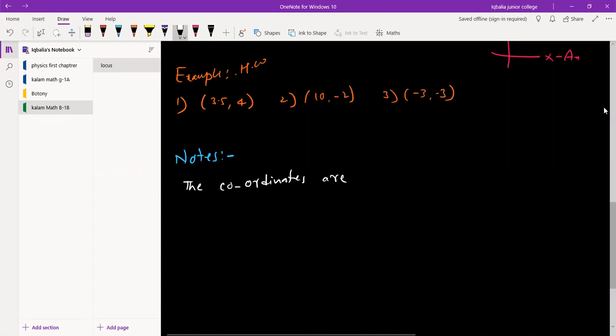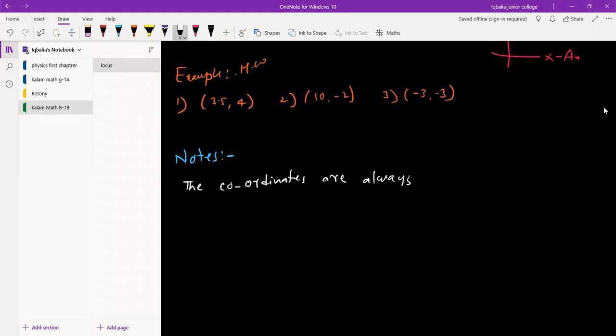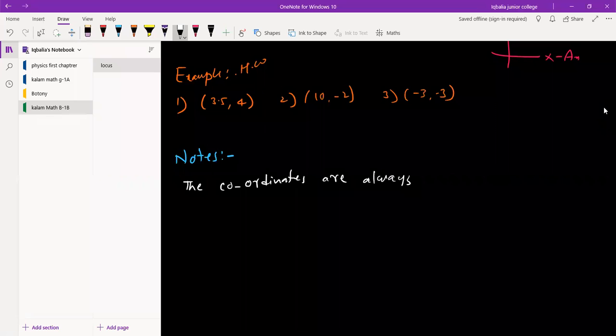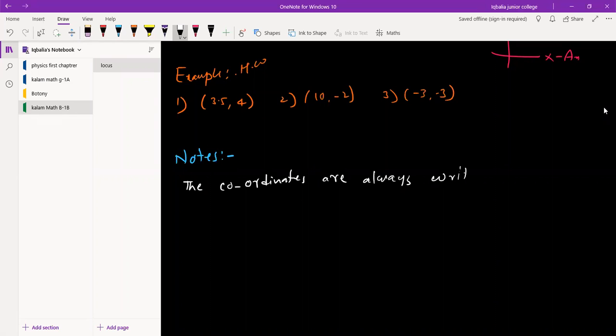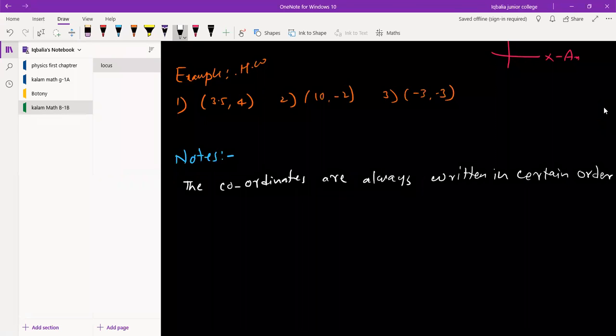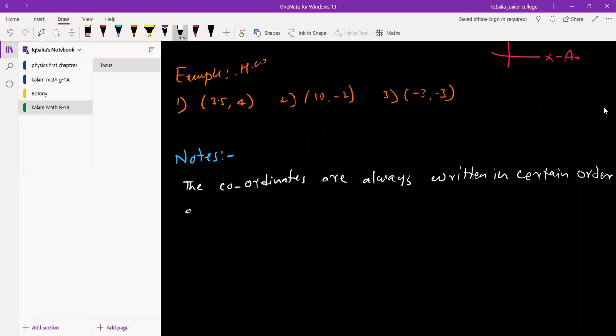The coordinates are always written in a certain order.